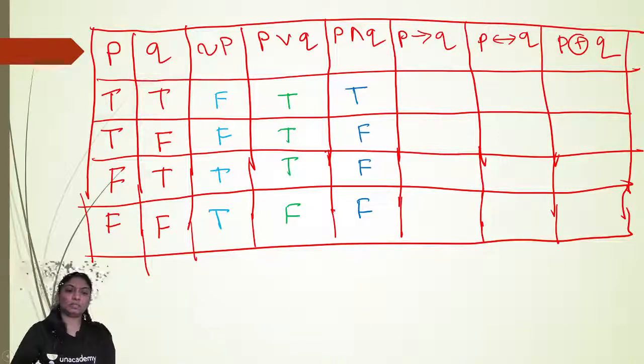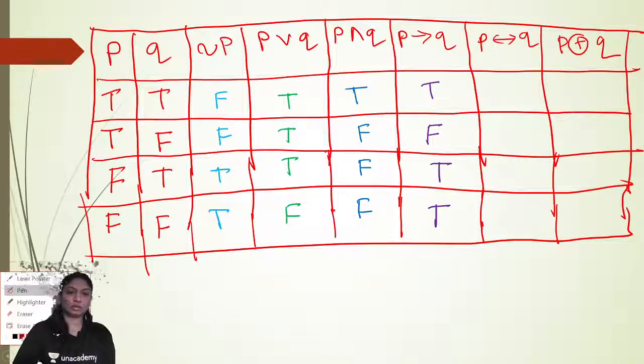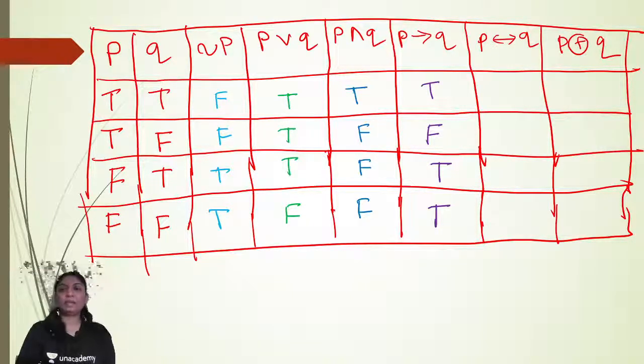Now, P implies Q. If the second is false, then only it is false, otherwise it is true. P double implies Q. If both are true, then it is true. Otherwise, both are false, then also it is true. Otherwise, it is false. Right?